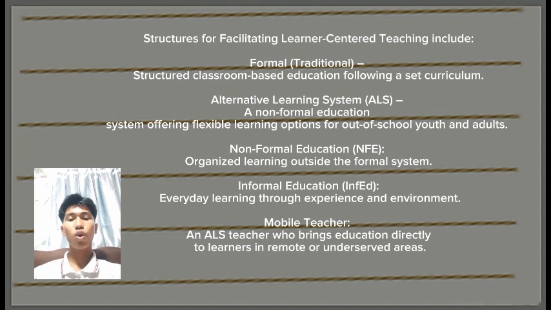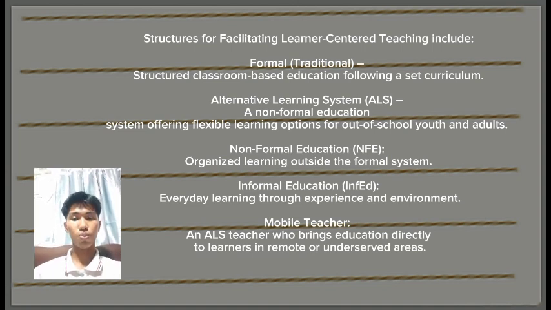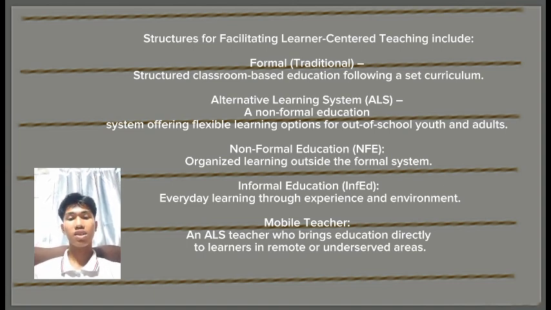So when we say formal, it is a traditional, classroom-based education following a set curriculum. And when we say Alternative Learning System, or ALS for short, it is a non-formal education system offering flexible learning options for out-of-school youth and adults.